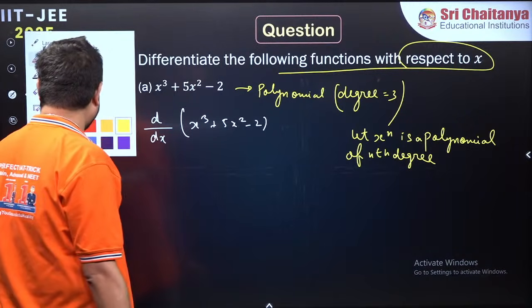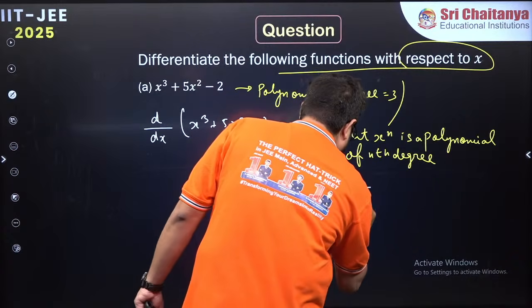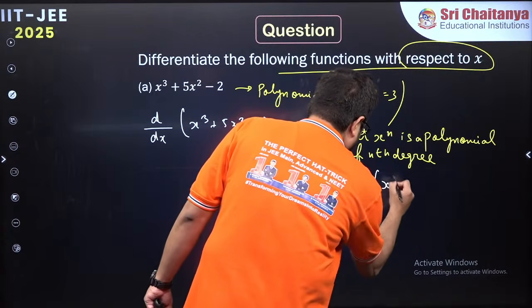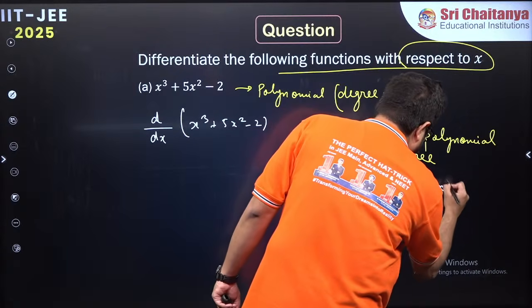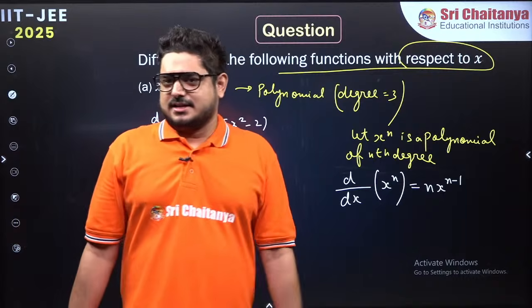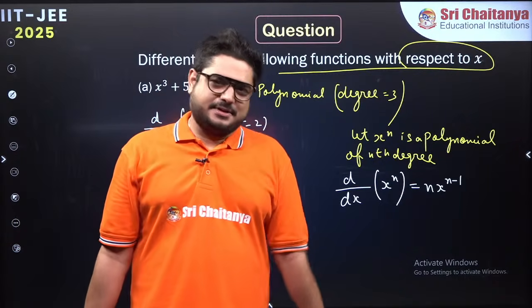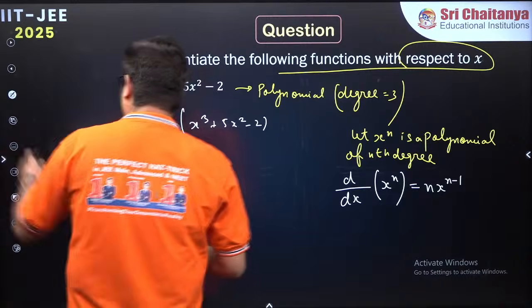You can note it down: d by dx of x to the power n is going to be n into x to the power of n minus 1. Okay, I hope it's clear. Now if n is equal to 3 over here, so we can write it down.